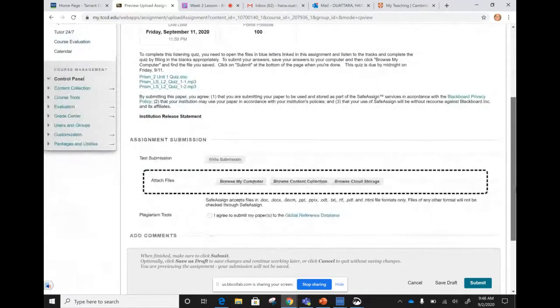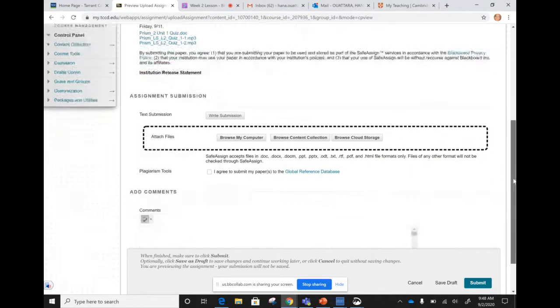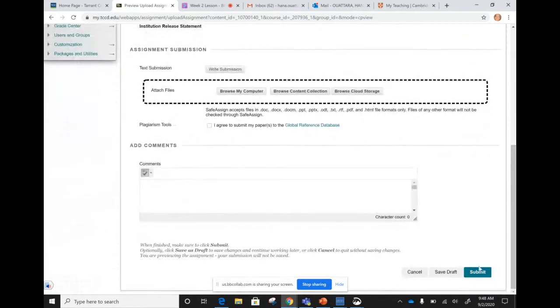And when you're ready to submit your document, your Word document quiz, you click on Browse My Computer, and then you click on your document that you saved on your computer, the quiz that you saved, okay? So I know that's a lot of steps, and then you click Submit at the bottom right.